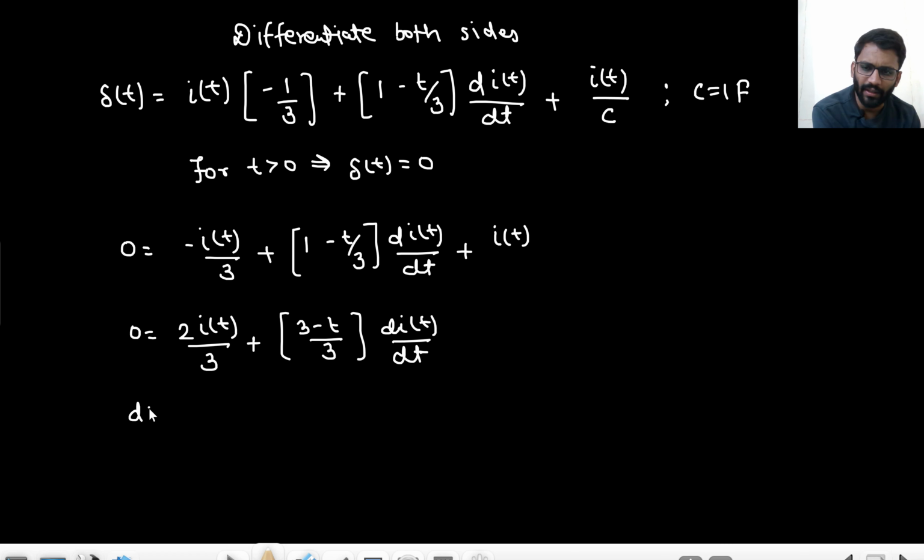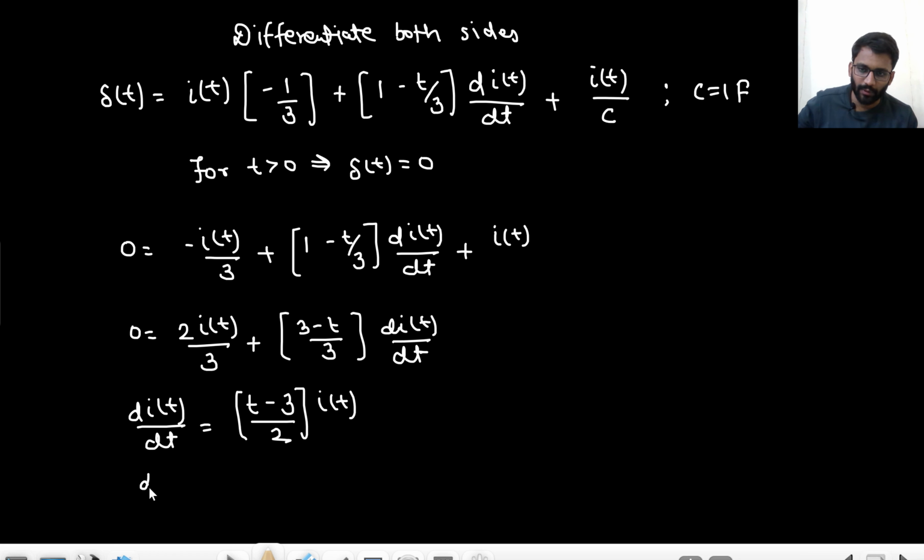So here you can write dI by dt would be, t minus 3 by 2. Here the 3 and 3 cancel, we get t minus 3 by 2. Yeah, well and good. Okay, one error is there: t minus 3, t by 2, into I, right? So what you can do, dI by I, simple mathematics is there, no brain is used there actually.